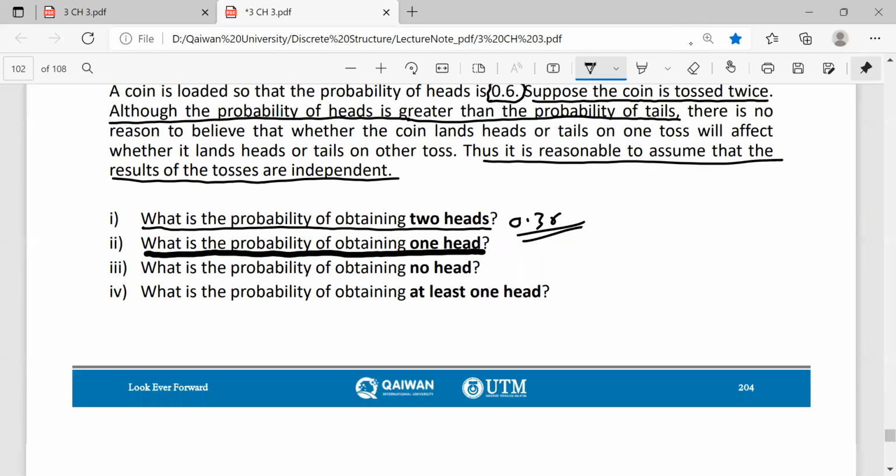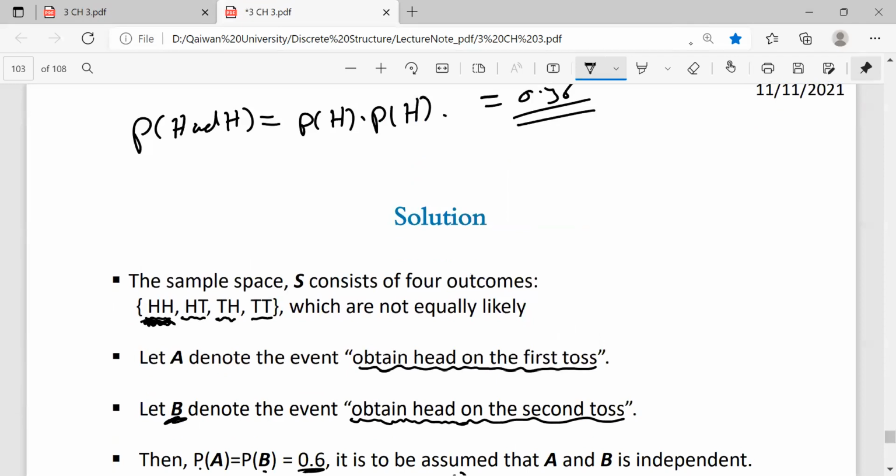Obtaining 1 head. Let's return to the sample space. To get 1 head, we have these 2 cases. In these 2 cases, we have 1 head. For the first case, if the first one is head, it's probability of A times probability of B complement, because the second time is tail, it's not head.